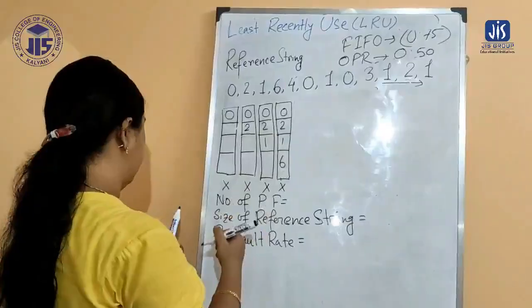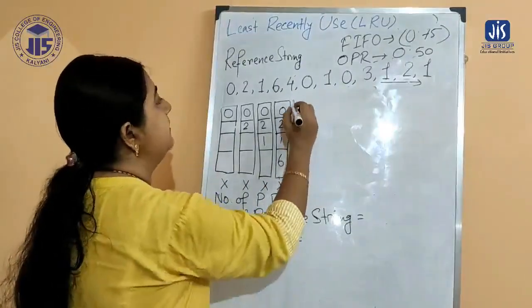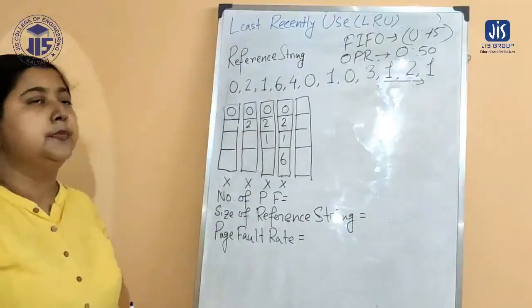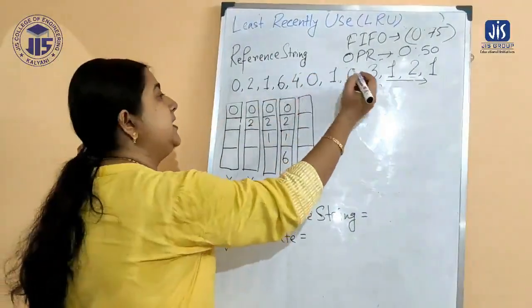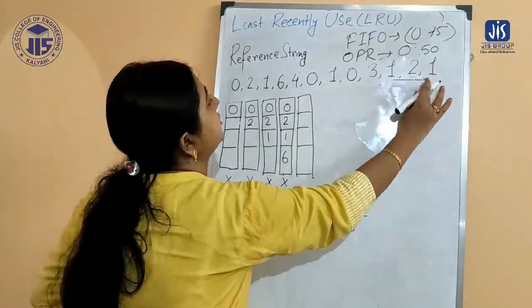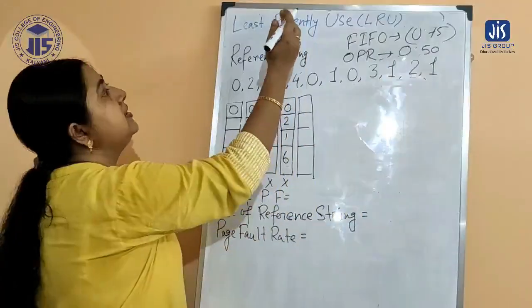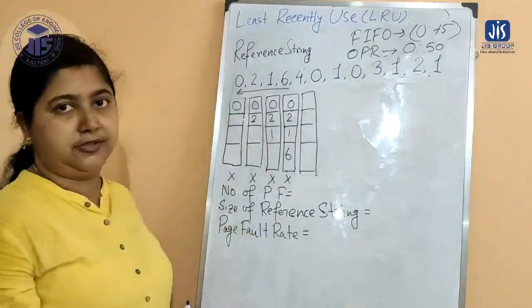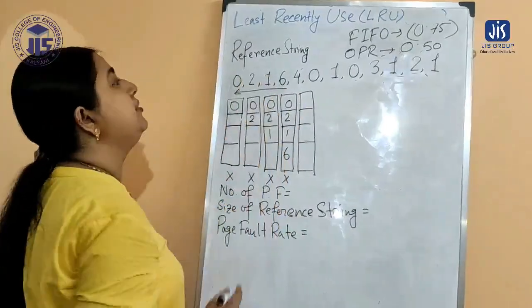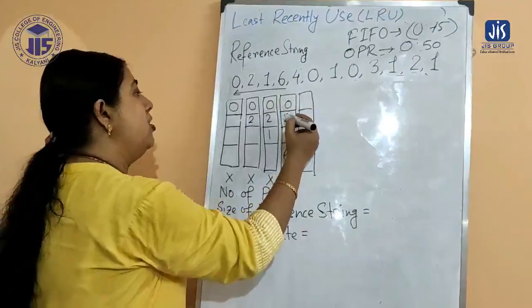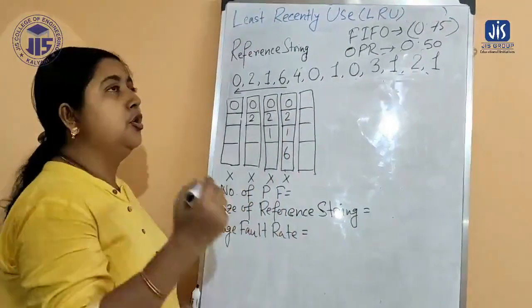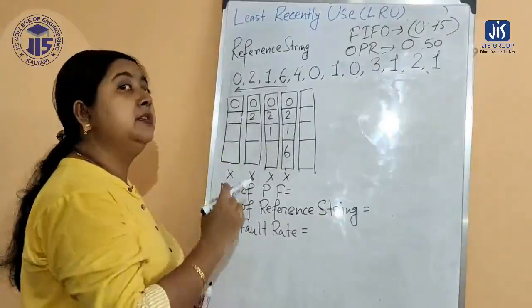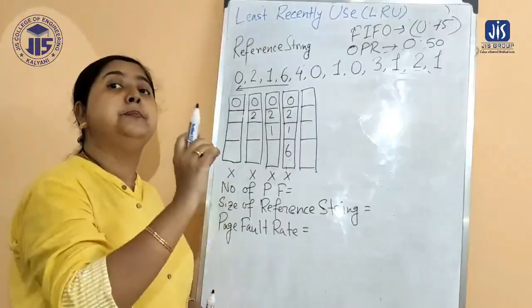Now, when the reference 4 comes, we need to replace. Now, instead of looking at the future, whenever we are using least recently used, we need to look into the past. And we are going to search among all these references which reference was used in the furthest past.